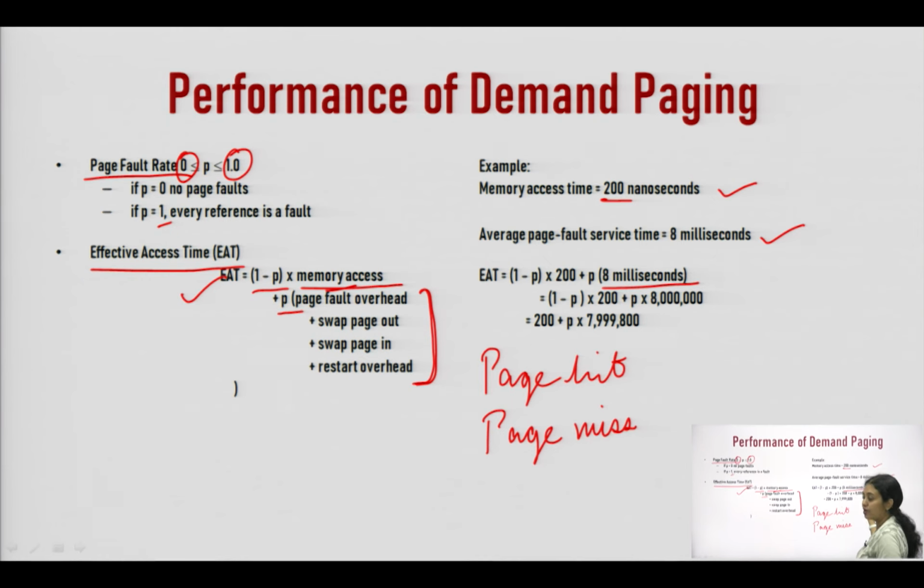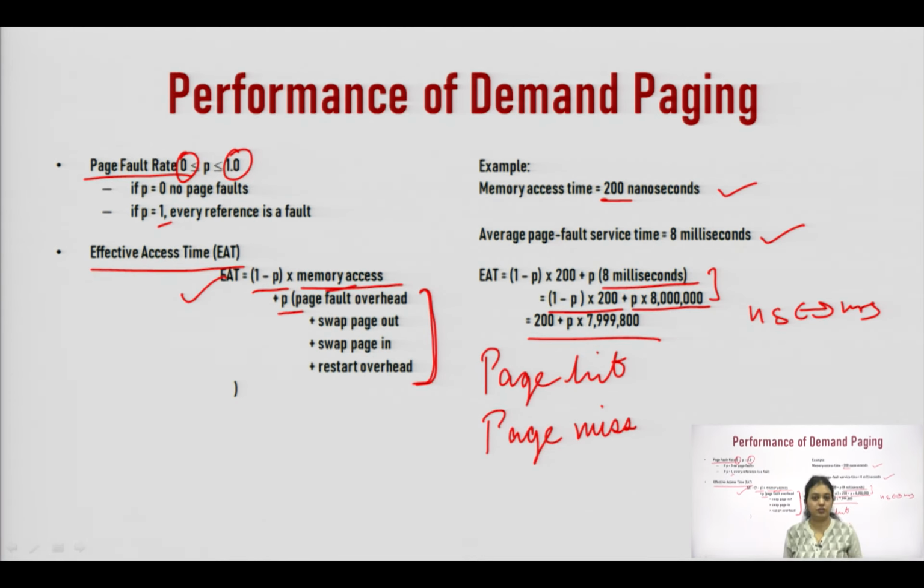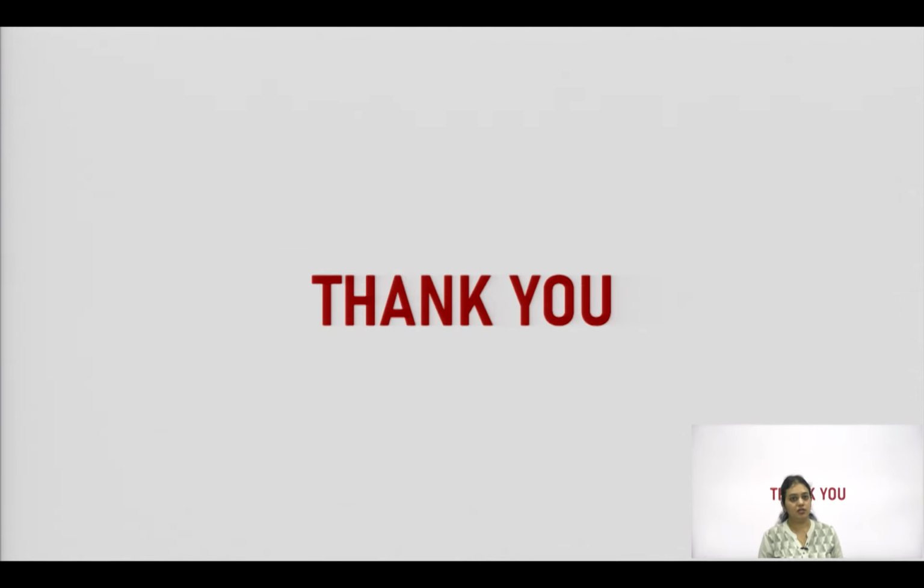So, by calculating we get (1 minus P) into 200 plus P into 8,000,000. This is nothing but the conversion between nanoseconds and milliseconds, and then finally we get this value. So, by using this formula we can calculate the performance of demand paging, and with this, that is all for this lecture.